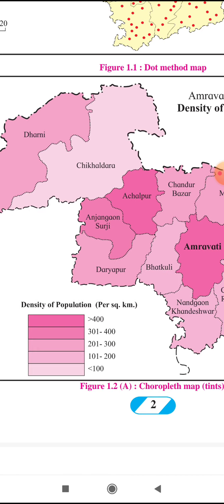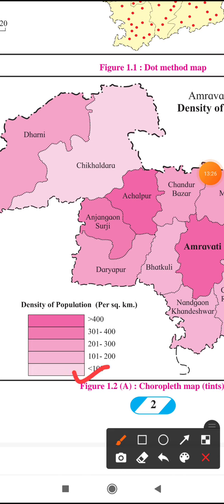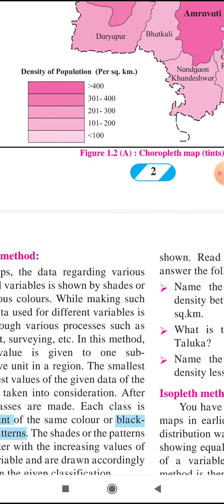The last is Chikaldara, where the population is very less, and it comes in the last shade, less than 100. The population is very sparse here.